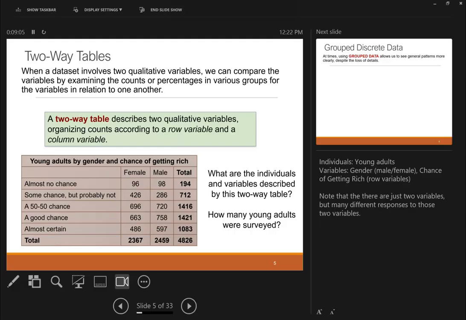And our row variable is male and female. So if I look at this number 96, what does this number 96 mean?